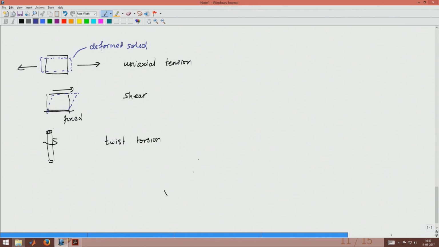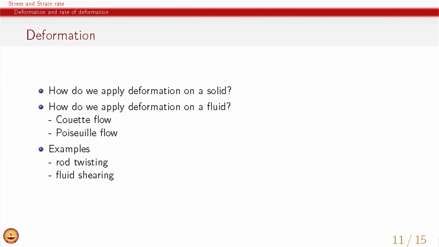If I look at it from this side and draw the side as a circle, and draw a line like this, when we twist the material in this direction the line would have shifted. So, that is the twist that has been imposed on the material. This is generally the deformation that we apply on a solid, and we see its response in terms of how much it has deformed.